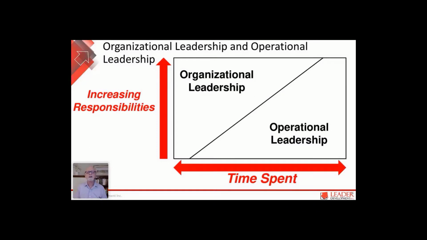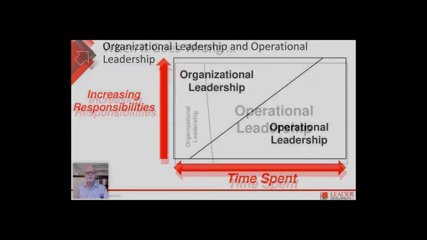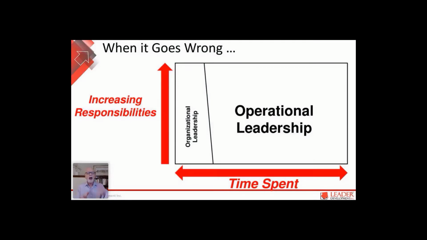Now, here's what happens. When we get promoted, we tend to keep doing what we're doing. And so we end up with something much more like this, where we keep doing the operational leadership, we just work harder at it. And we start neglecting what we really should be focusing on, the organizational leadership. Now think about this in terms of time management.